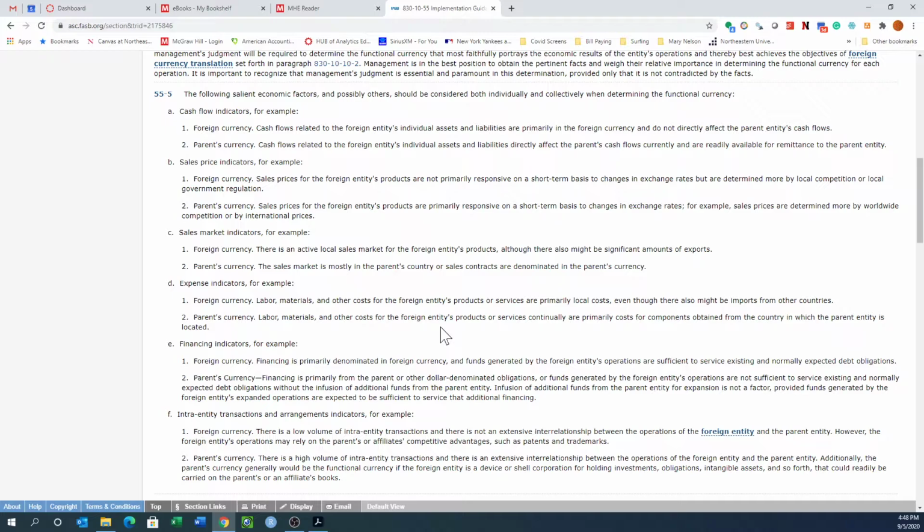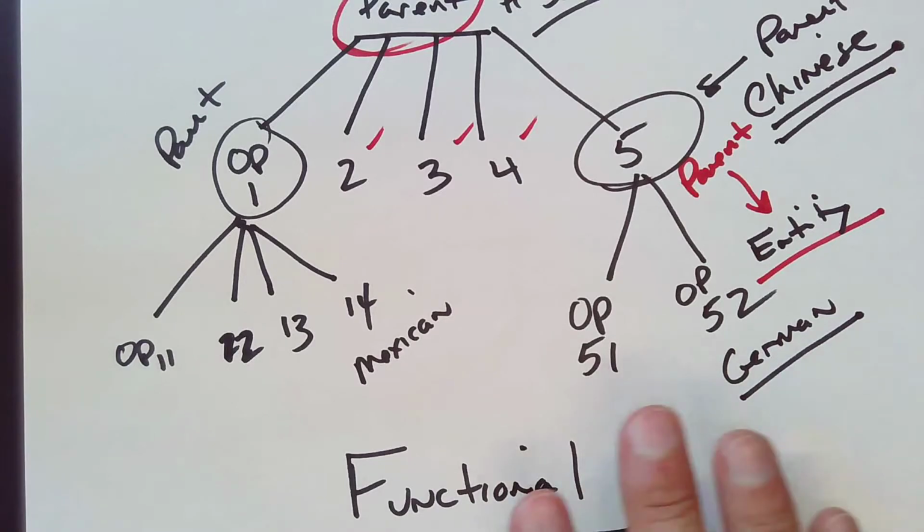And so obviously you can read these yourself, but let's at least look at the first one. Let's look at cash flow indicators. What would make the functional currency be the foreign currency, right? So if we go back to our previous example, we're trying to make a distinction here.